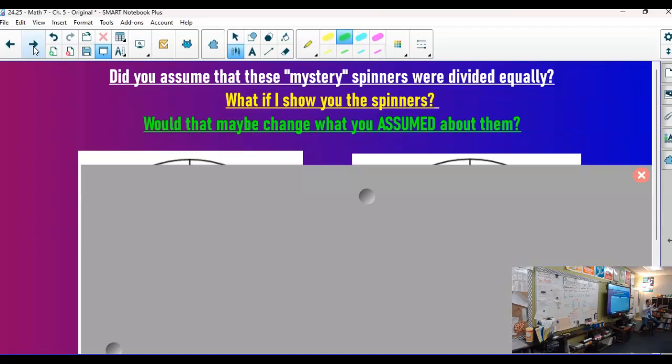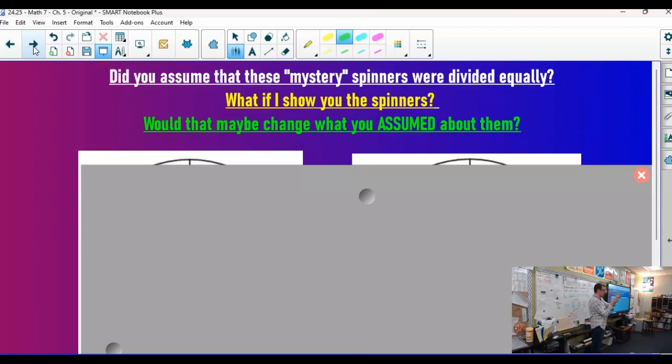When you imagined the spinners in your head, what did you think about? I was hoping to get some volunteers. But Elijah, when you thought about the spinner 2, 3, 4, what did you think it would look like? Did you think it was like 2, 3, and the rest of it 4?